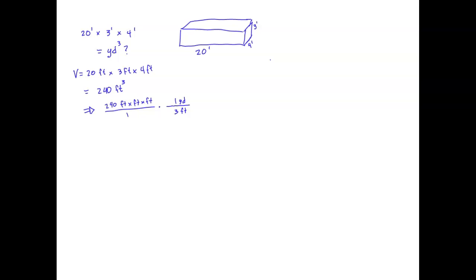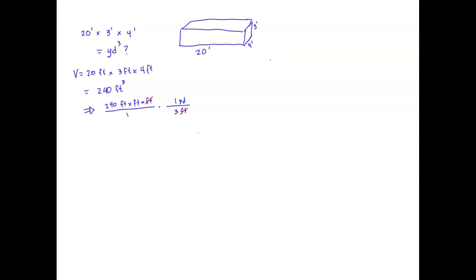Now, if I just multiply by this conversion factor once, what units am I left with? I can cancel out one of the feet. So this would actually be feet squared over yards, which is a very nonsensical unit of measurement.